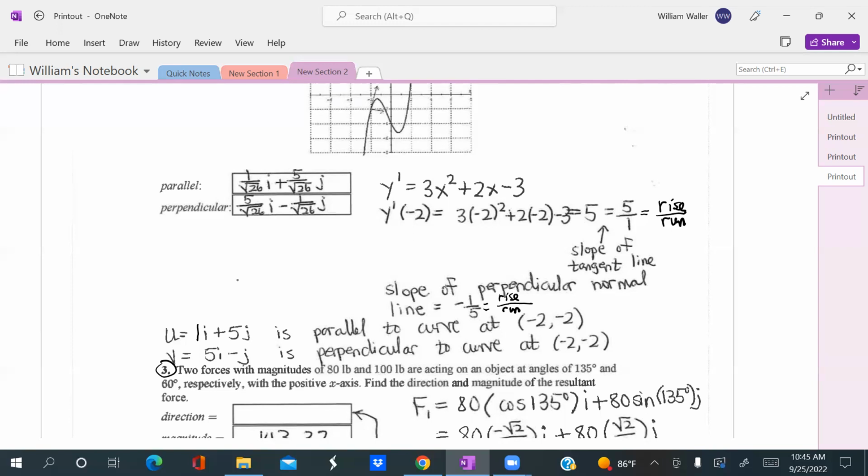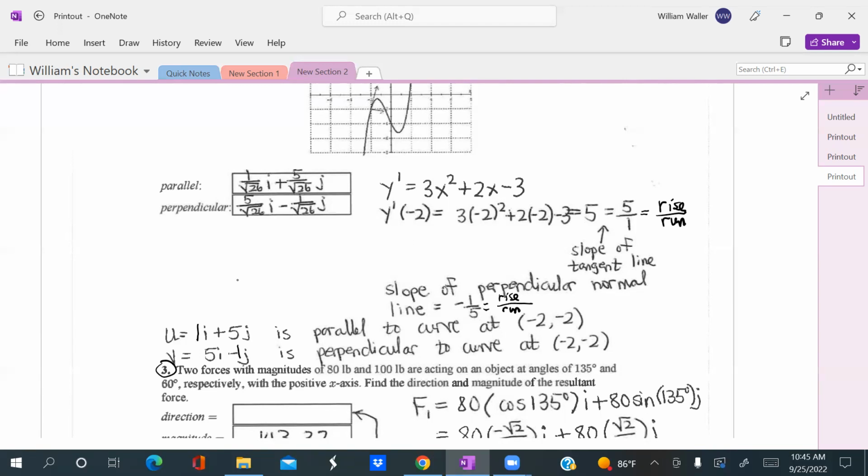So we get this vector: horizontal component of 5, so that's 5 times i, vertical component of -1, so that's -1 times j. That vector would be perpendicular to the tangent line, or another way of saying that is perpendicular to the curve at the point (-2, -2).